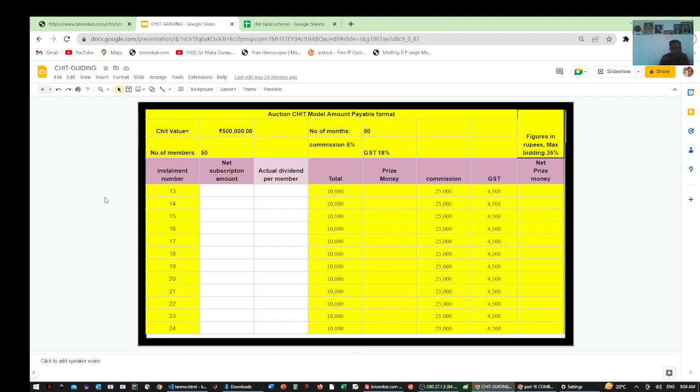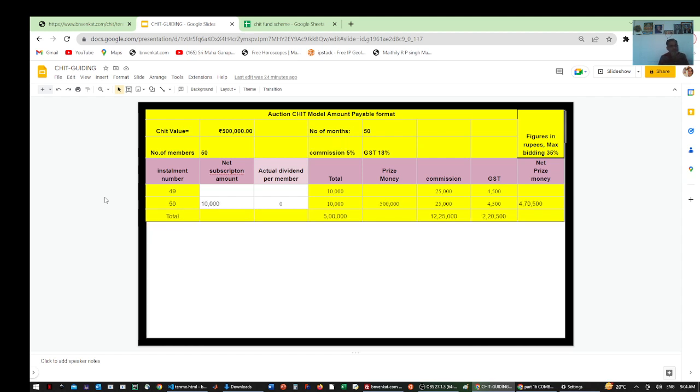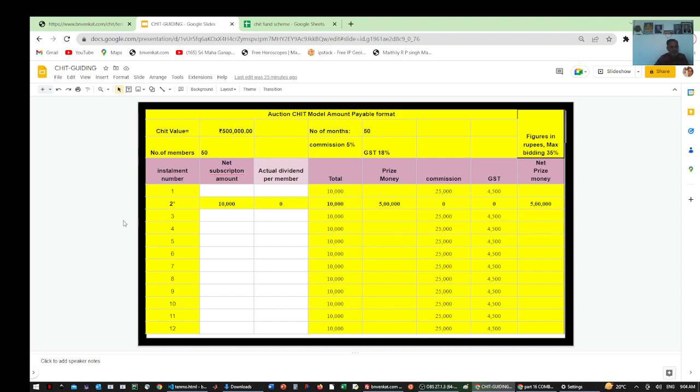This is the second year, 13th to 24th installment, third year, and next page is the fourth year, and next is the fifth year, only 2 months, 49th month and 50th month. For the last month, the subscription amount will be 10,000 rupees, and the first month, second month also, net subscription will be 10,000 rupees.